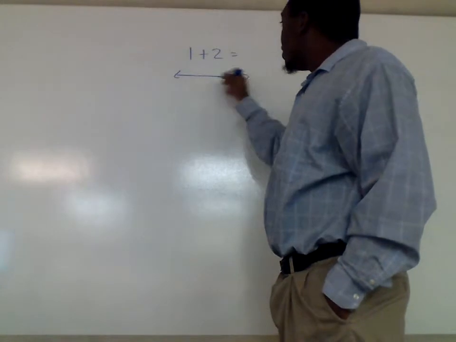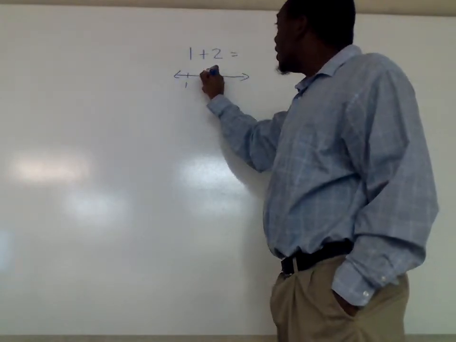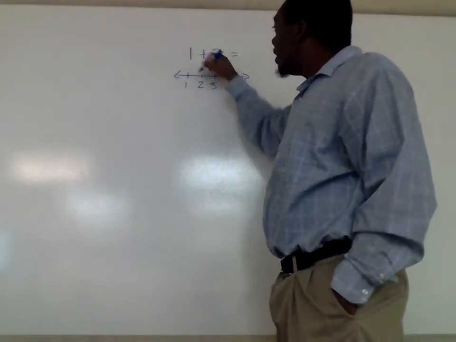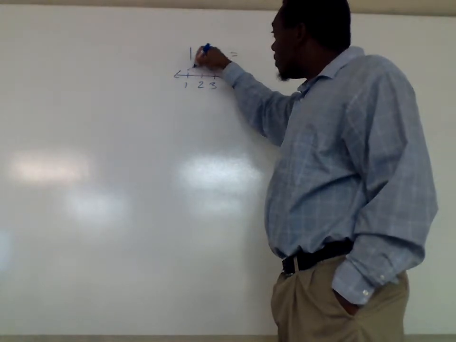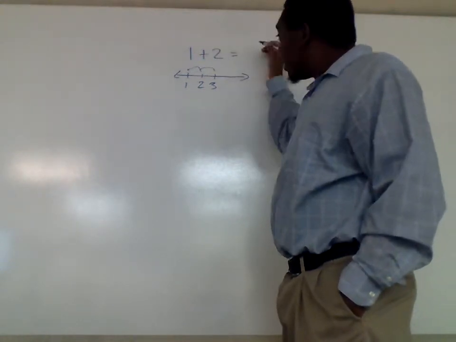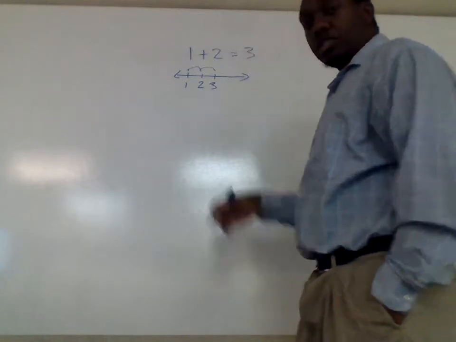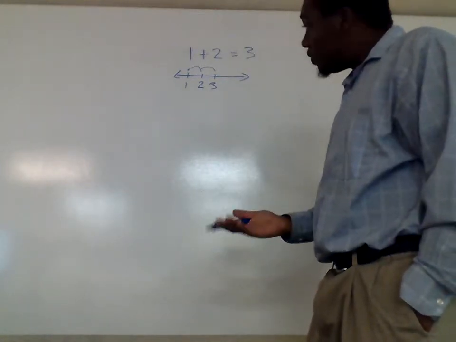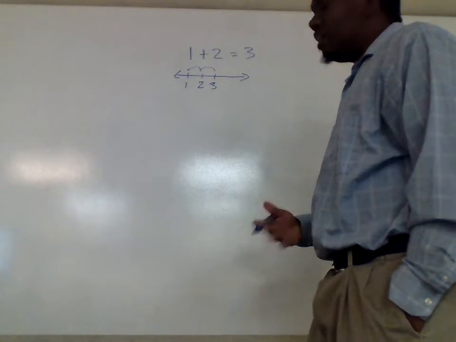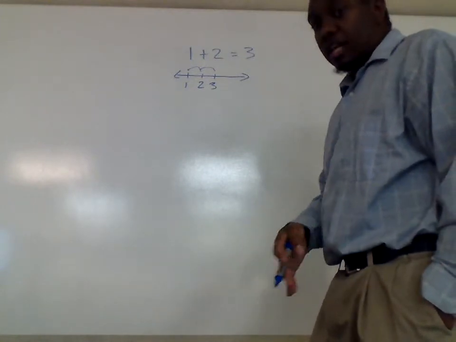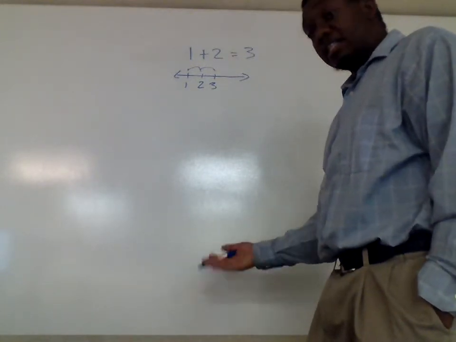So just to show you on a number line, 1, 2, and 3, we will start at 1 and then we would increase 2 places. So 1 plus 2 is 3. And for many of you, this will be quite simple, because you learned it at a very early age, probably before you even got into school.